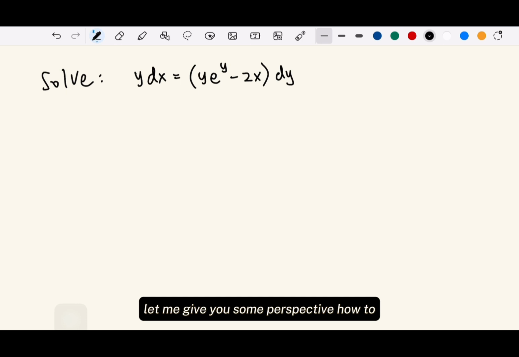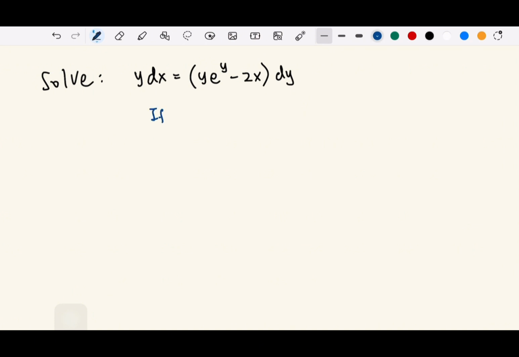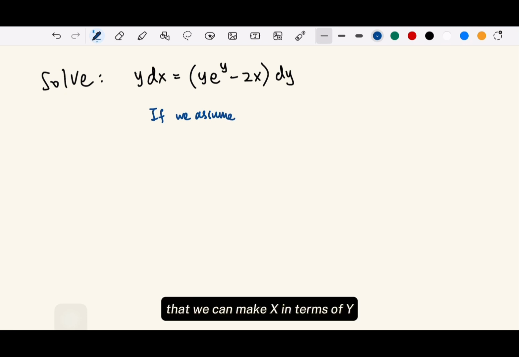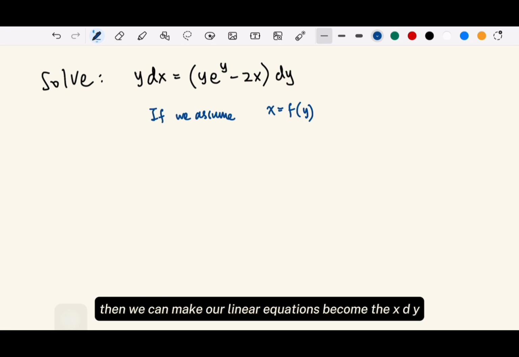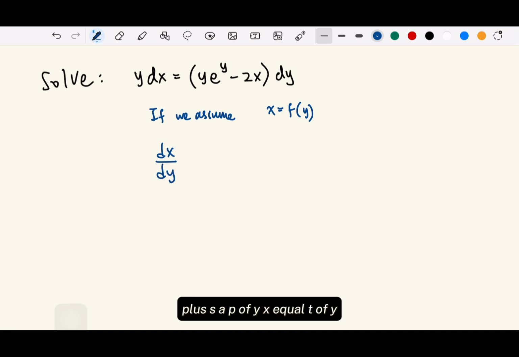Let me give you some perspective on how to check this. So if we assume that we can make x in terms of y, then we can make our linear equation become dx/dy plus, let's say, p of y times x equal g of y.